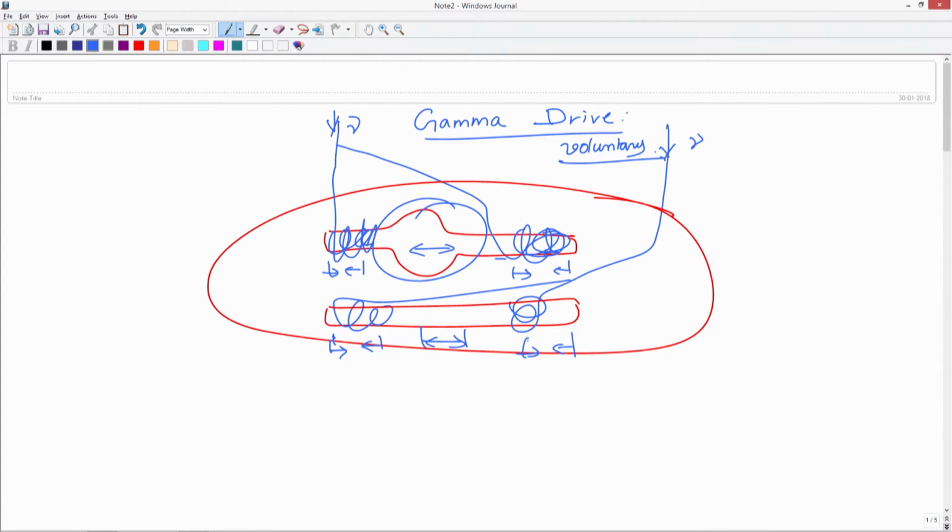Whenever there is a voluntary movement, this gamma drive is working, the gamma motor neuron is sending signals to these intrafusal muscles and this center portion is maintaining its length. So, the CNS does not see any change in the muscle length. Therefore, the alpha motor neuron is not going to fire.